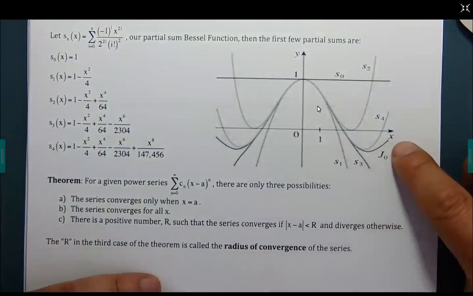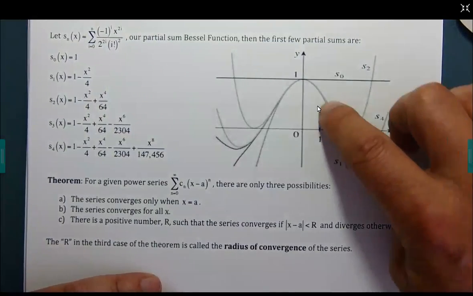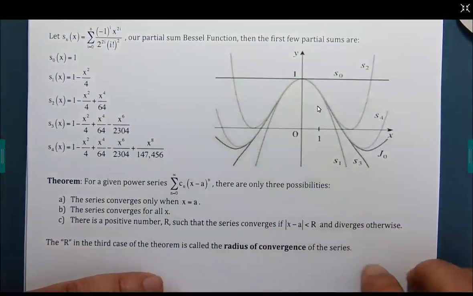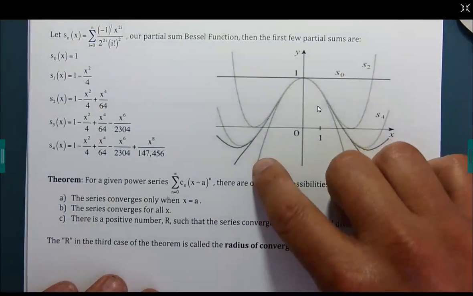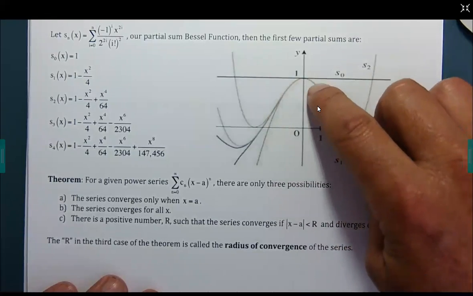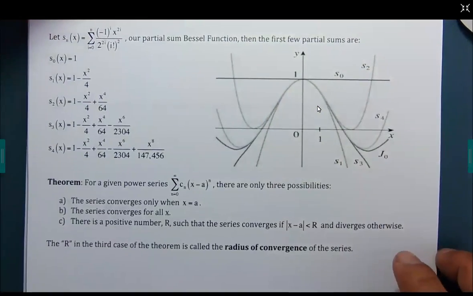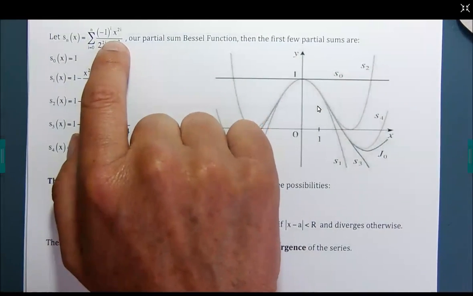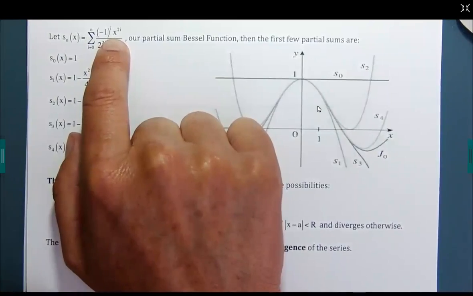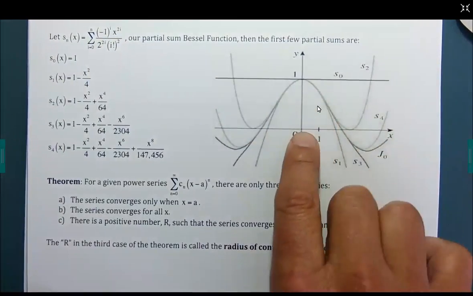So we can see the Bessel function, that's the j here, as it's coming down here. And you can see this parabola is not anywhere close to that, but here, very close, it is. Now, I want to point out that this Bessel function is centered at 0. If it was x minus 5, then we would say it's centered at 5, but it's just x. So we're centered at x equals 0.